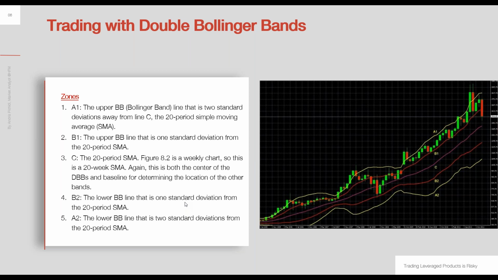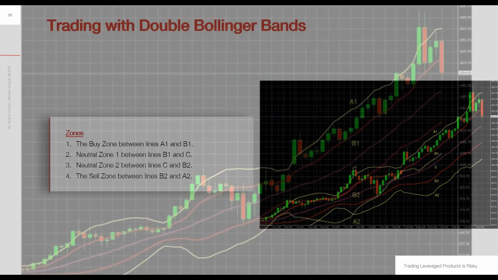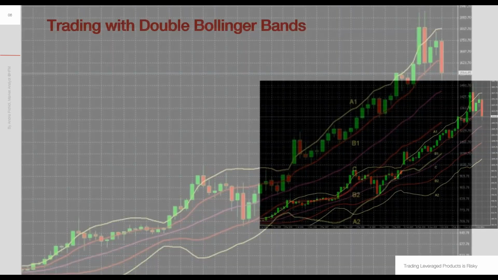I have again separated the zones over here, explaining what each zone is: which zone is a buying zone, which is a neutral zone, which is a sell zone. We already mentioned that, and you're going to find them in the slides as well.